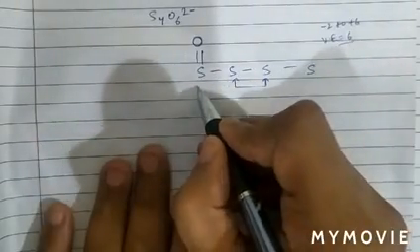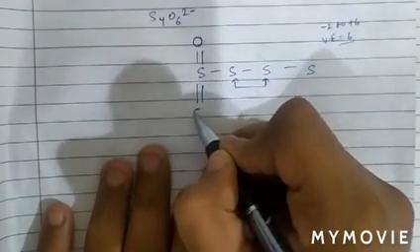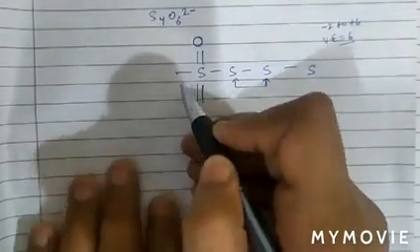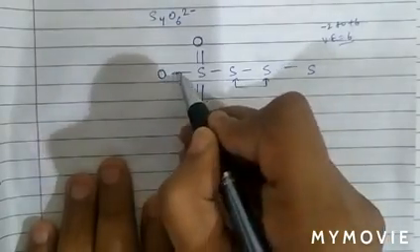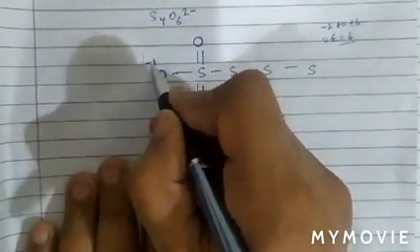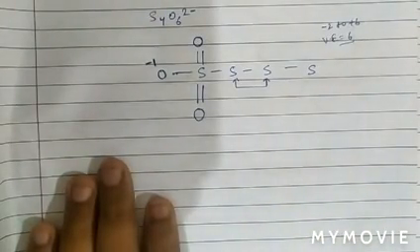Sulfur can form one more double bond with an oxygen atom. One more oxygen atom is left for this sulfur atom, so this linkage will be a sulfur-oxygen single bond, and as there is a single bond, there will be a -1 charge on this oxygen atom.